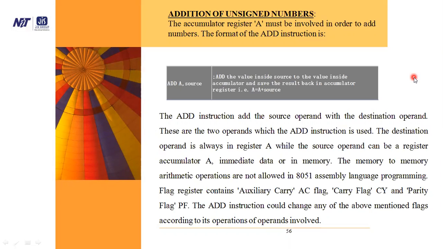Memory to memory arithmetic operations are not allowed in 8051 assembly language programming. The flag register contains the auxiliary carry flag AC, carry flag CY, and parity flag PF. The ADD instruction could change any of these flags according to the operands involved.